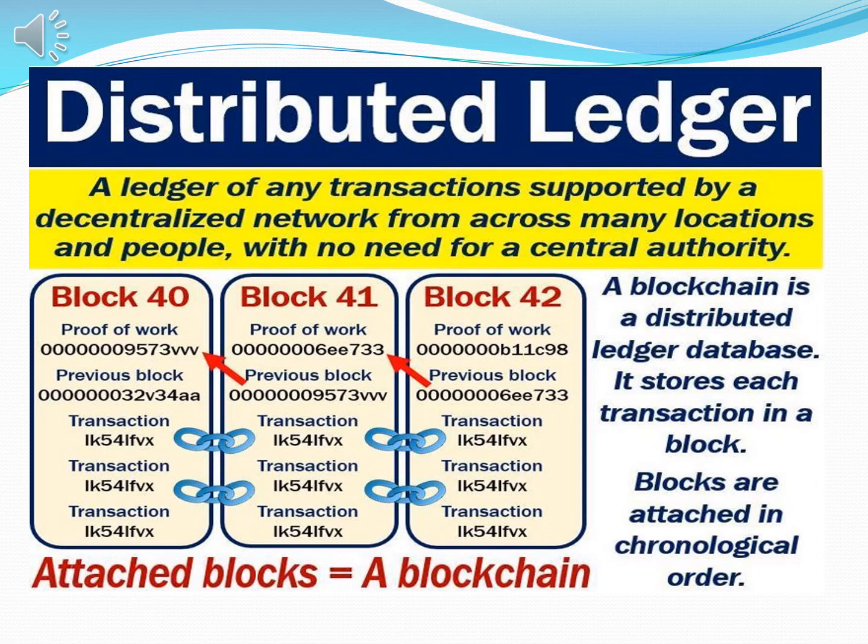This is another feature of blockchain: it is decentralized. There is no central authority. So blockchain is a distributed ledger database. It stores each transaction in a block. Blocks are attached in chronological order. As a transaction happens, it is added to the chain, so it becomes a blockchain.